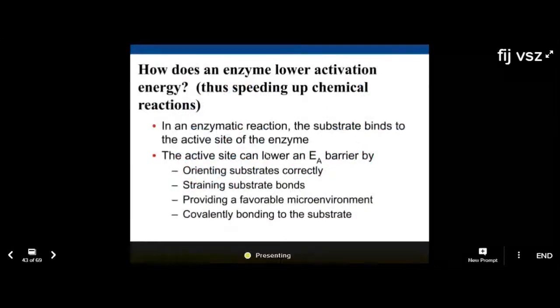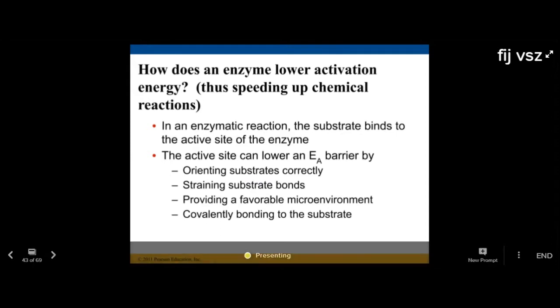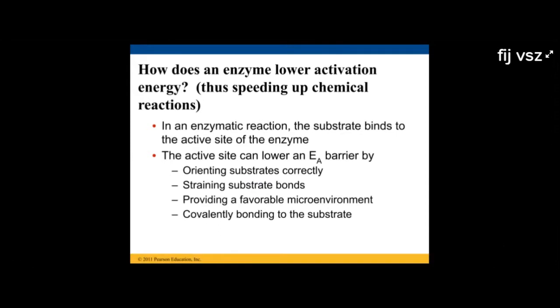Okay, so here it is. These are the ways that enzymes speed up chemical reactions. Right here, these 4 things. The active site can orient substrates correctly. If you're synthesizing a sugar from 2 small sugars or a protein from 2 amino acids, the enzyme will fit both of those building blocks together in the right places for their bonds to form.